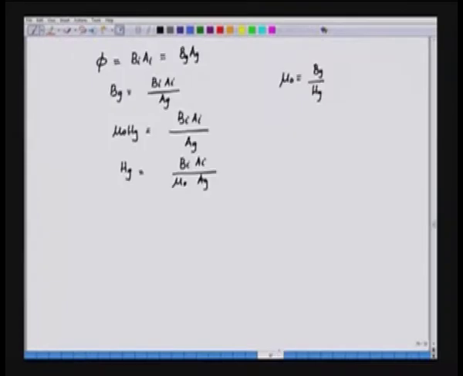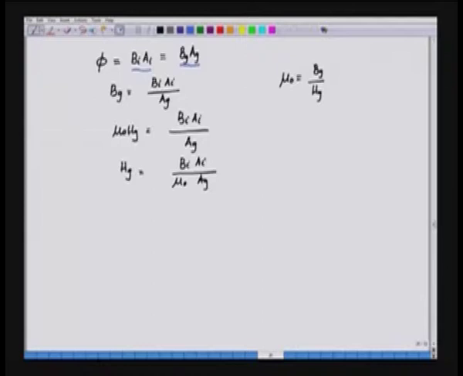because we know, since we have a common flux, that the flux is equal to flux density into area. So, phi is equal to Bi Ai. The same flux is also passing through the air gap, so that is equal to Bg into Ag, or we can also say that Bg is equal to Bi Ai by Ag, and from this we can find out Hg.